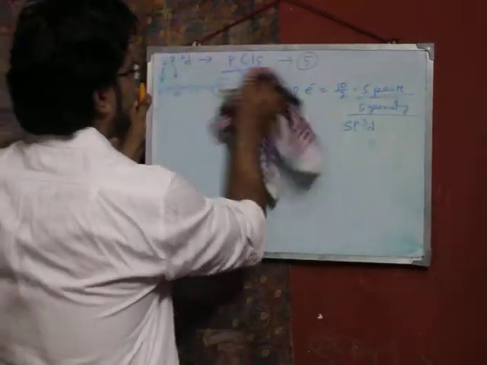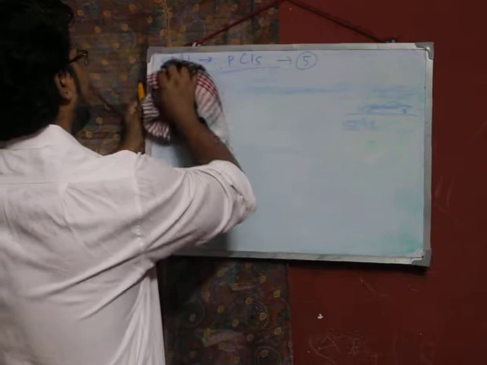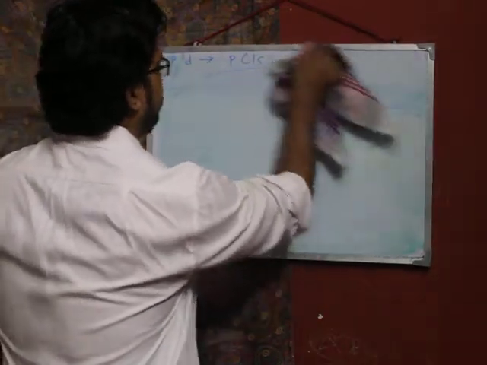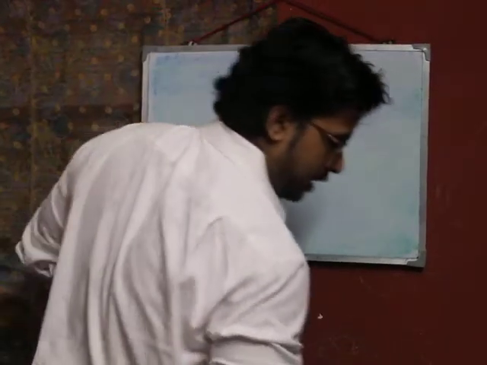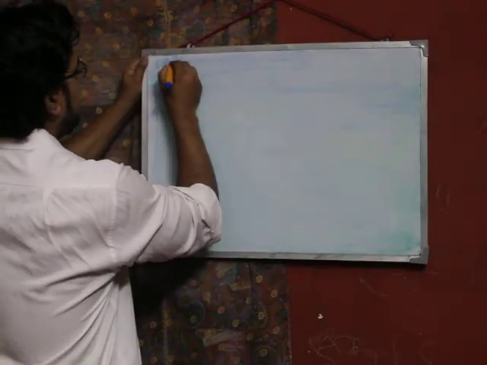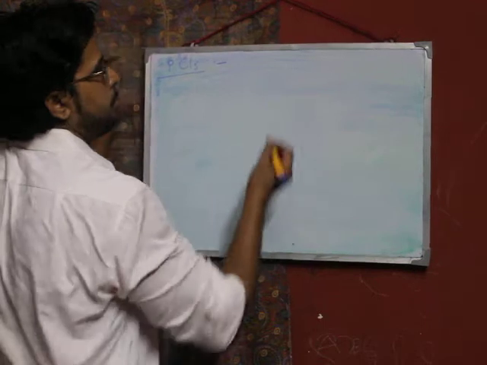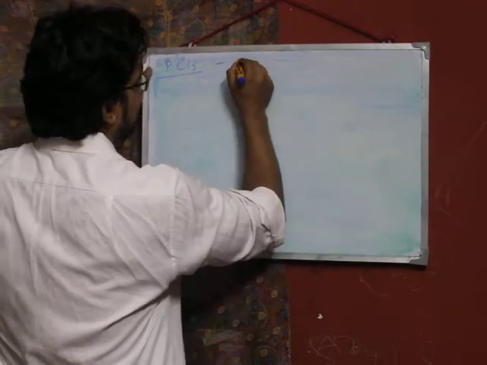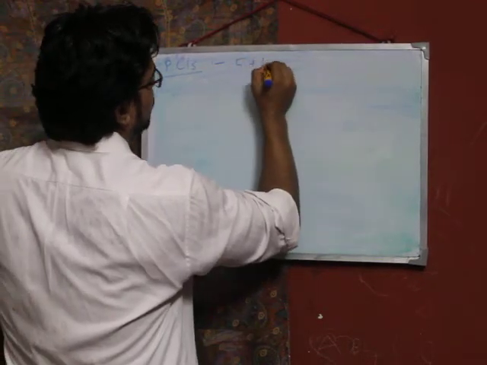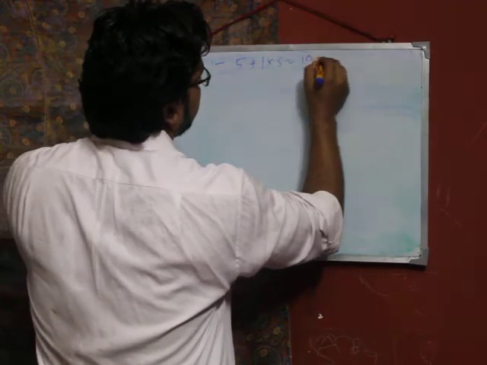If someone asks to calculate the hybridization of a compound like PCl5, we have to calculate the bond pairs of electrons like that: 5 plus 1 into 5 equals 10.